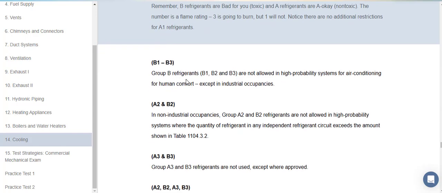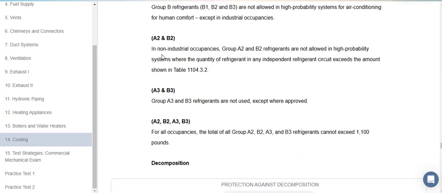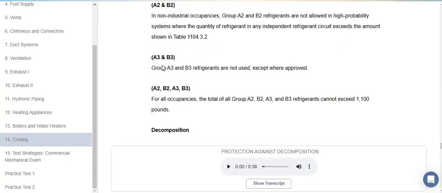Group B refrigerants, B1, B2, B3, are not allowed in high probability systems for air conditioning for human comfort, except in industrial occupancies. Group A2 and B2 refrigerants are not allowed in high probability systems where the quantity of refrigerant in any independent refrigerant circuit exceeds the amount shown in table 1103.3.2.